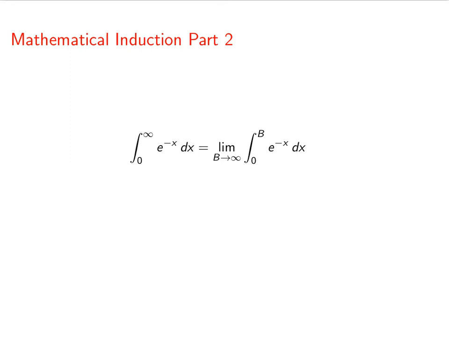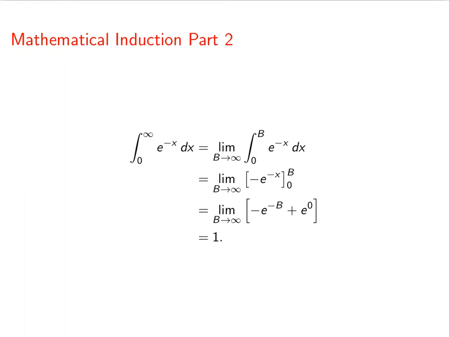All right, so when we evaluate an improper integral, we always have to rewrite it as a limit. That's just what you have to do. So we rewrite it as a limit as b goes to infinity of the integral from 0 to b of e to the minus x dx. That's an easy antiderivative. It's just negative e to the minus x. If we plug in the b and the 0, then we'll get this expression here.